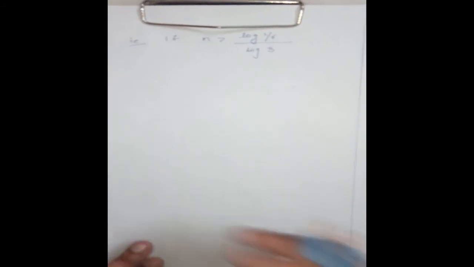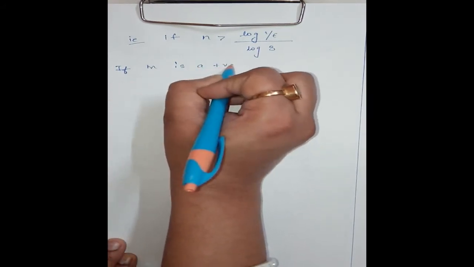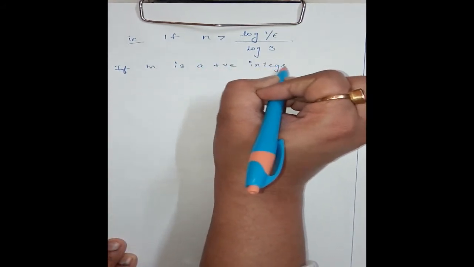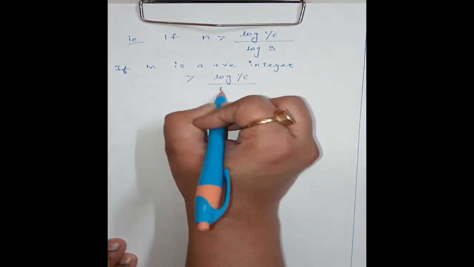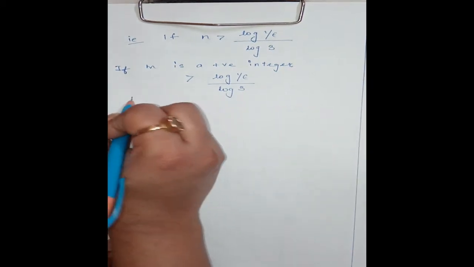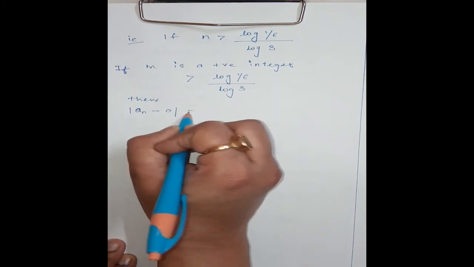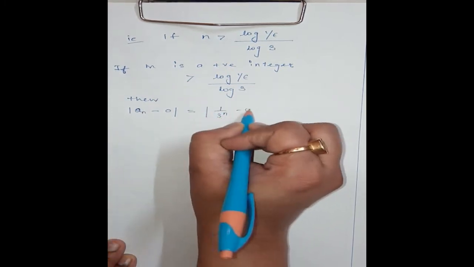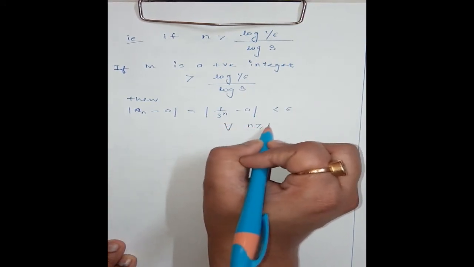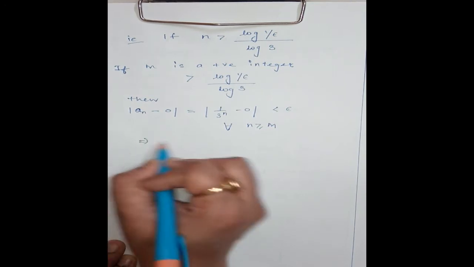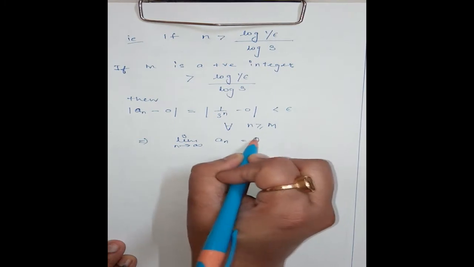Now, if m is a positive integer greater than log(1/epsilon) divided by log 3, then we have |a_n - 0|, that is |1/3^n - 0| < epsilon for all n greater than or equal to m, and this will imply the limit as n tends to infinity of a_n is equal to 0.